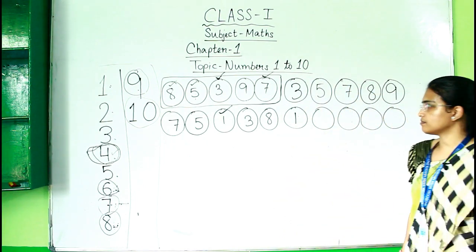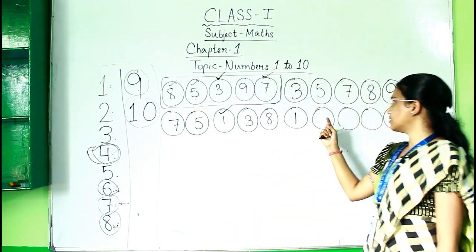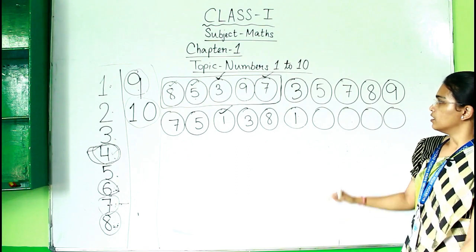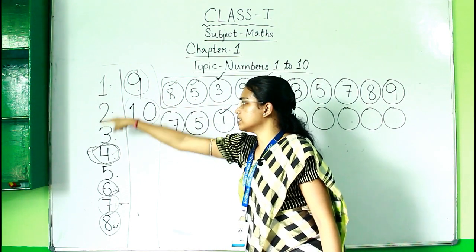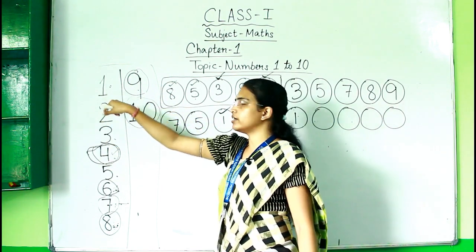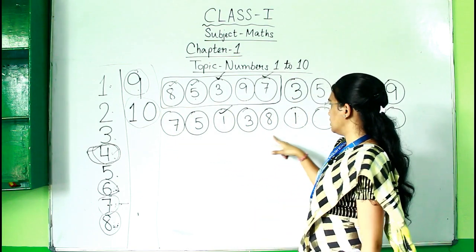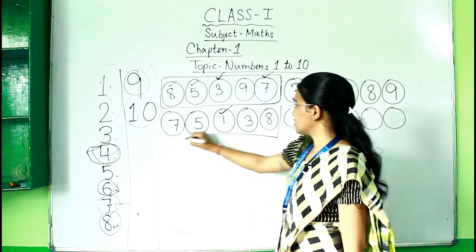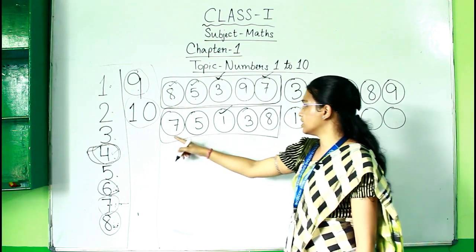Done. Next, what comes after 1? Look at this chart. What comes after 1? What have we written after 1? 2. But is 2 in this box? No, 2 is not there.